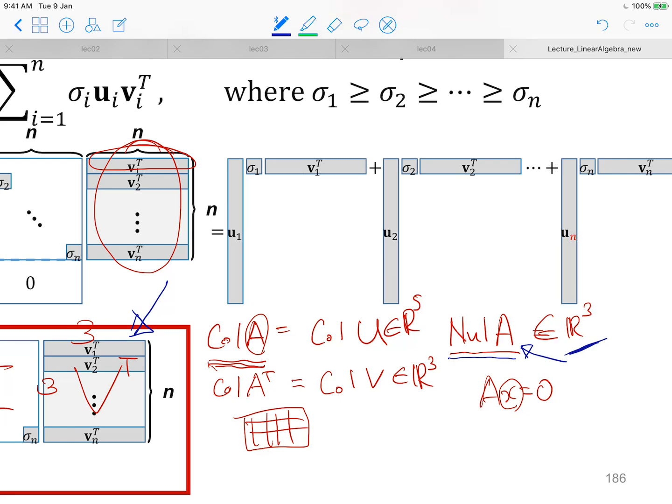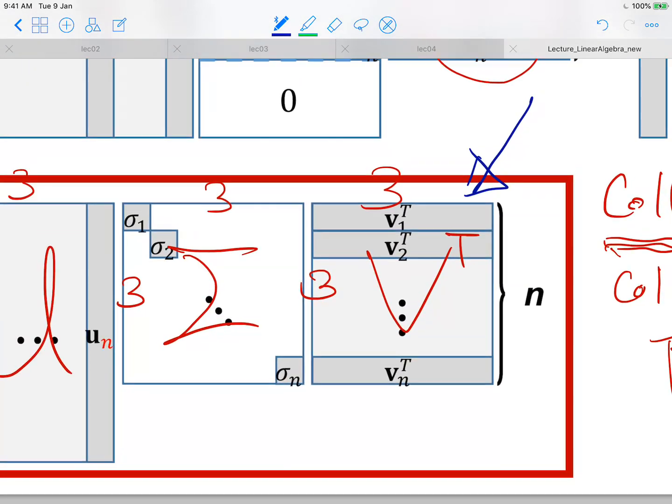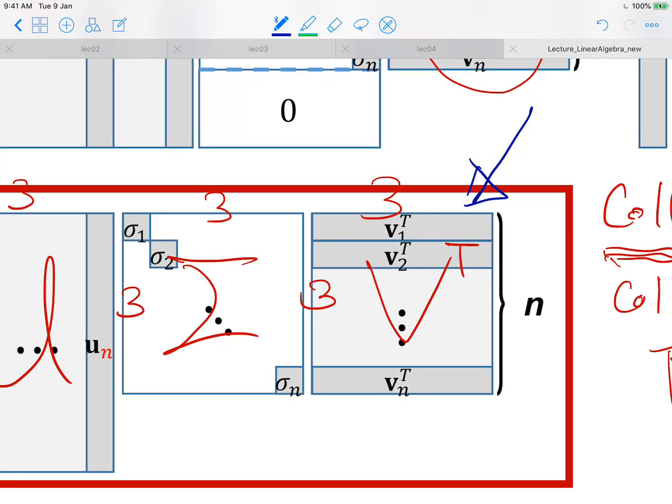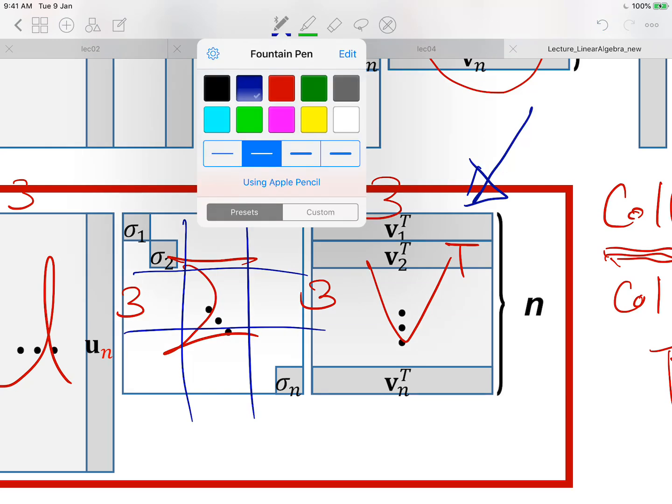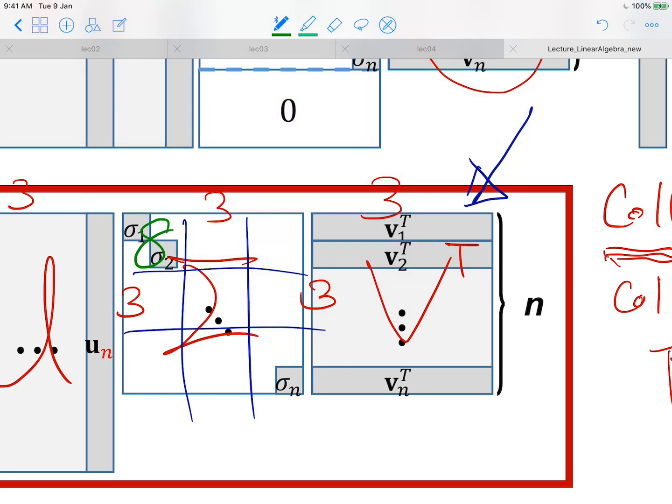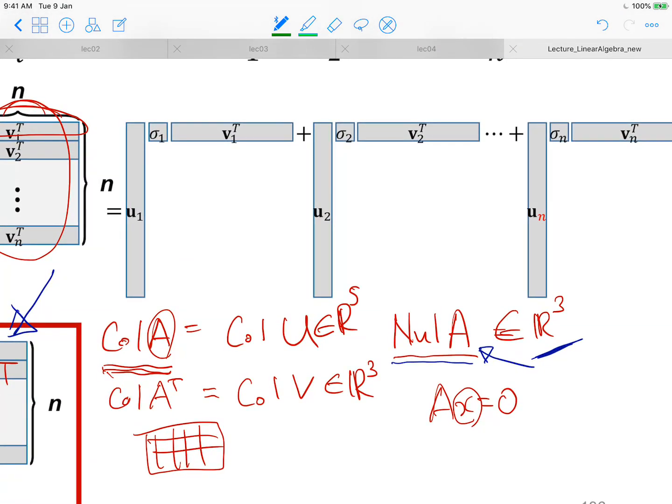In this case, if the singular values are all non-zero, for example 8, 5, and 2, then we have no null space, so this part just contains 0.